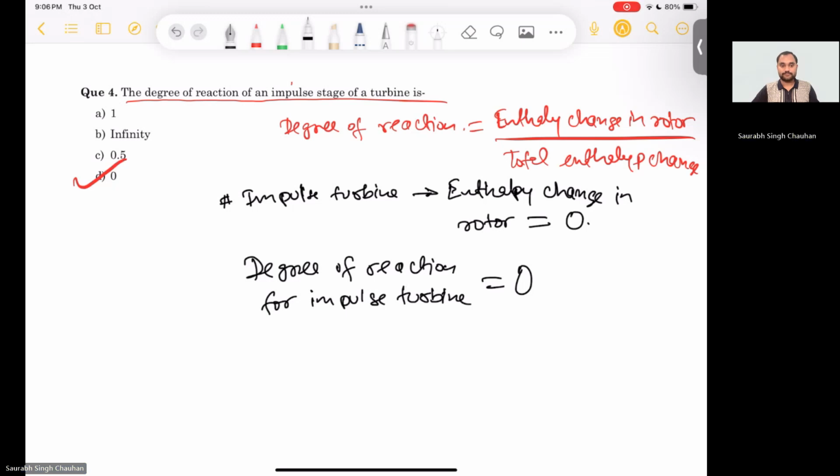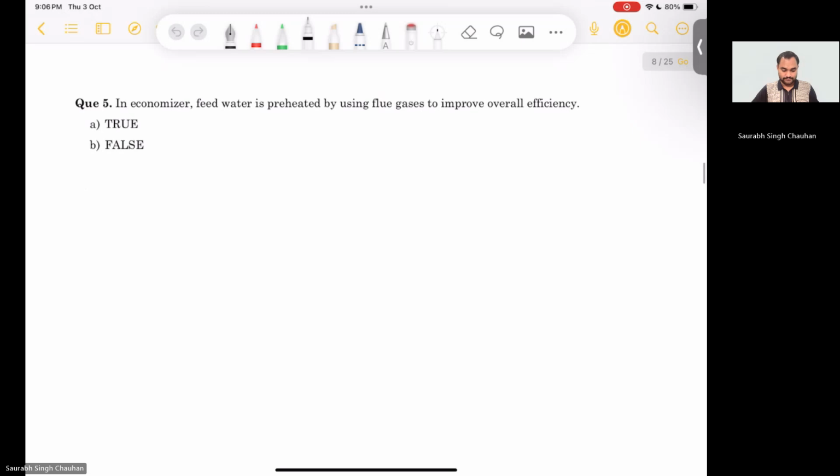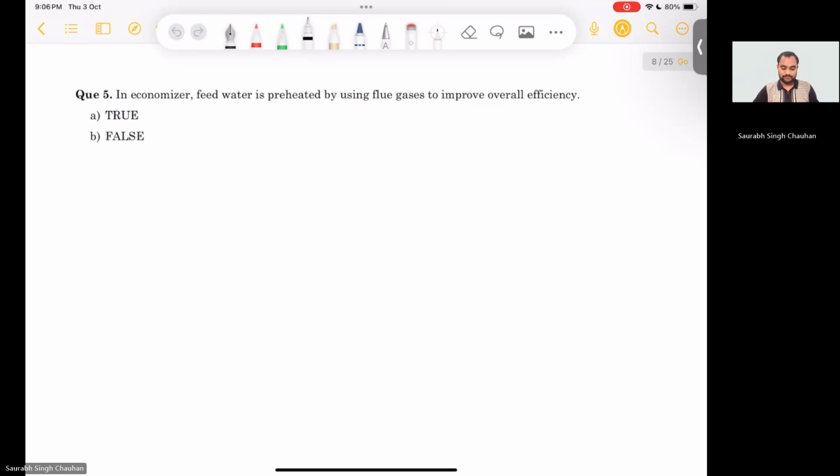Question 5 says, in an economizer, feed water is preheated by using flue gases to improve overall efficiency. So do you know what an economizer is?